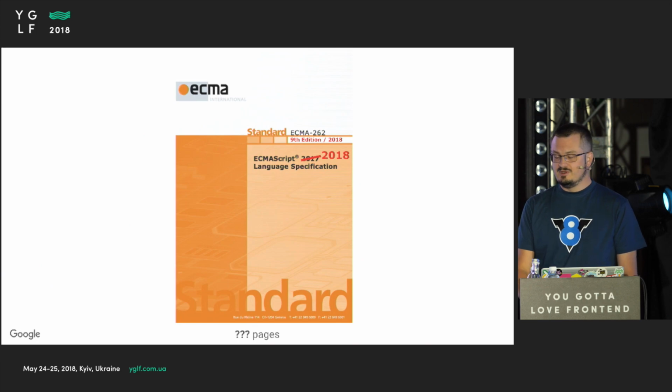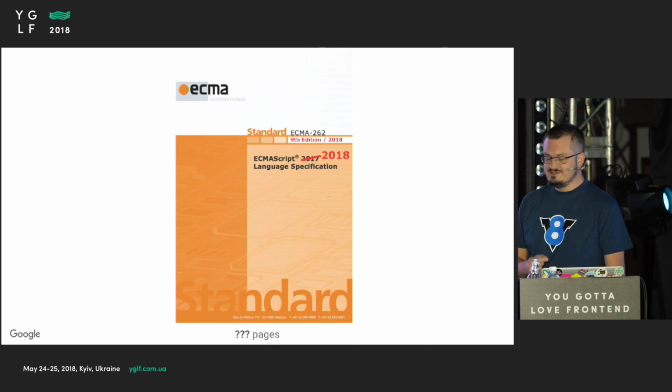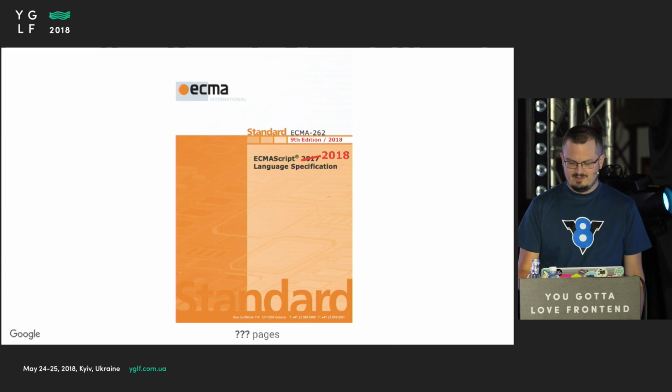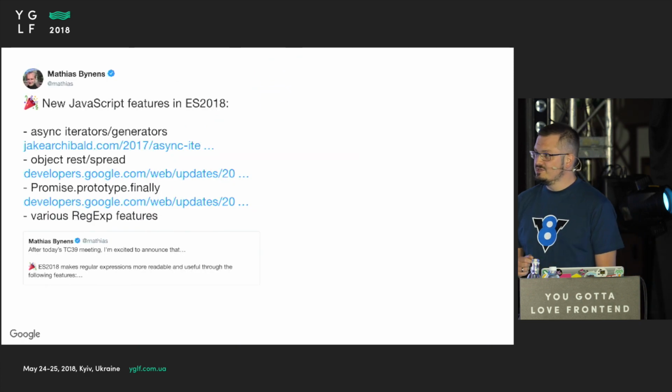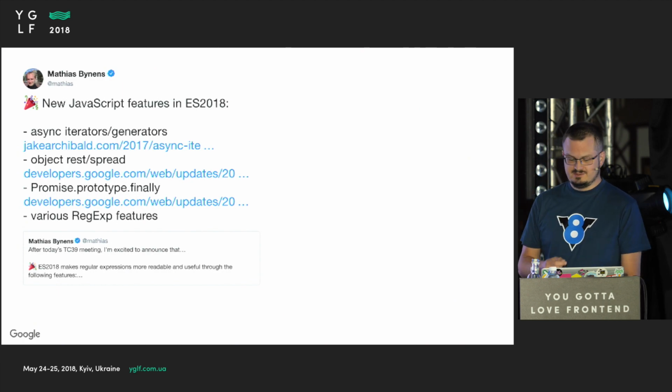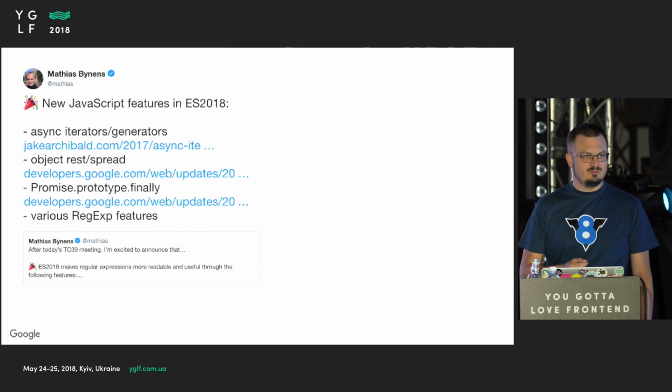And we don't even know how big ES2018 is going to be, because we haven't done the PDF version of that yet. There are some details. But it's probably going to be more than 1,000 pages. And in ES2018, you get these amazing new features. Among them, there are async generators and async iterators, which are probably going to change the landscape quite significantly.